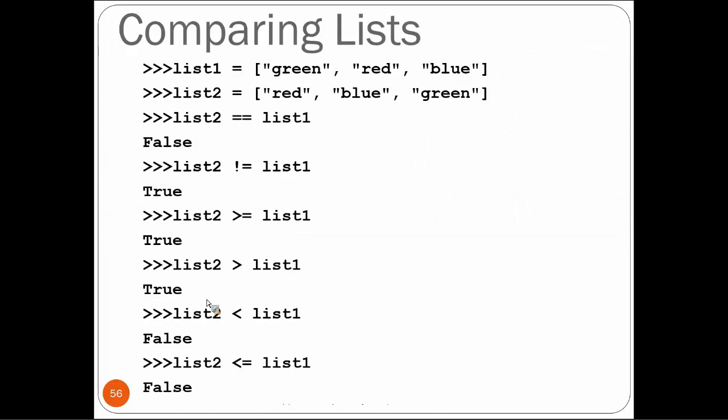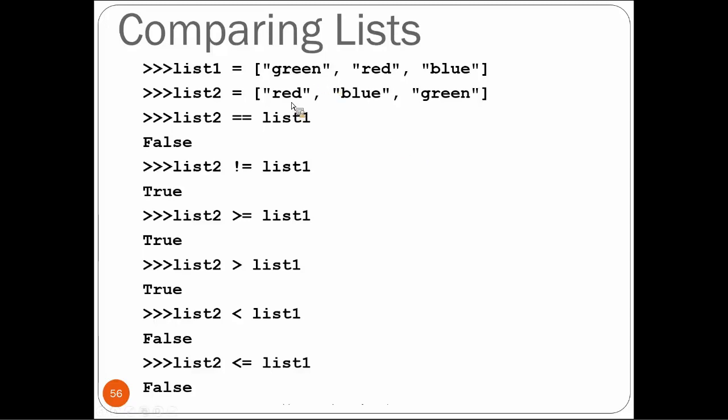Comparing lists. This is list comparison. So it is not only the fact that these two lists are equal, but the fact that the elements occur in the same order. So for instance, if we have two lists of colors, green, red, and blue, and the second list is red, blue, and green, it does lexicographical order.